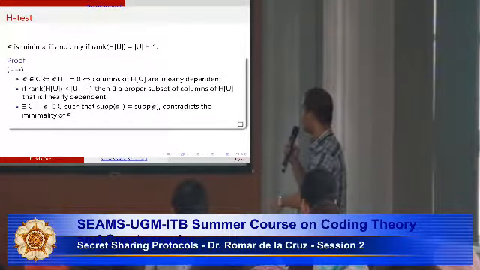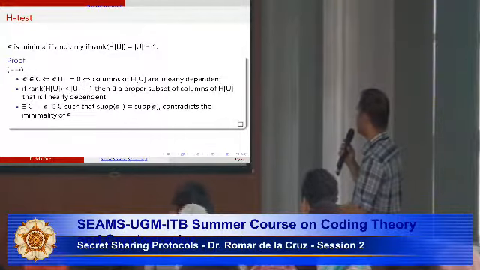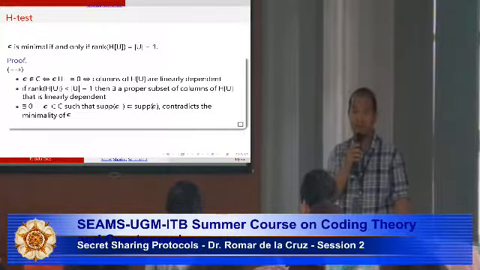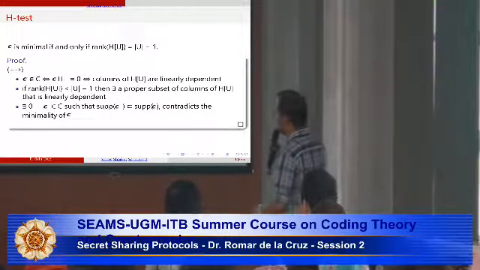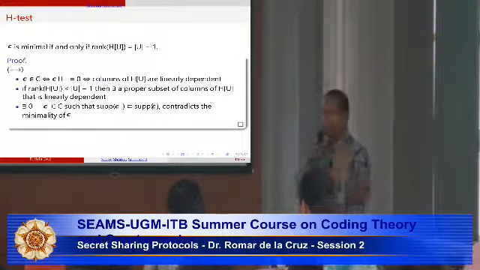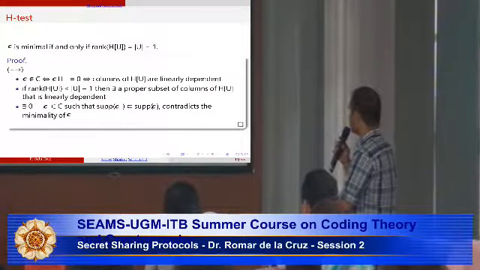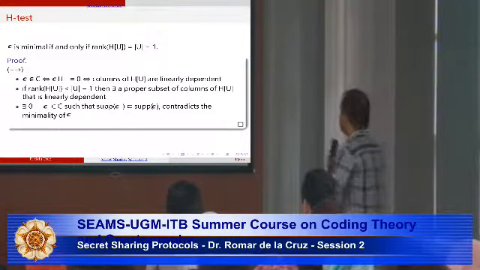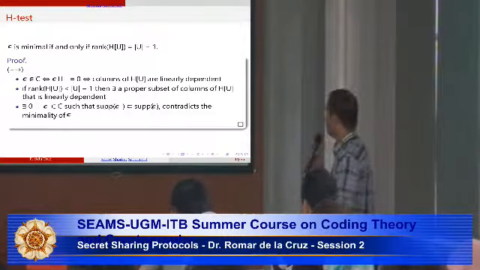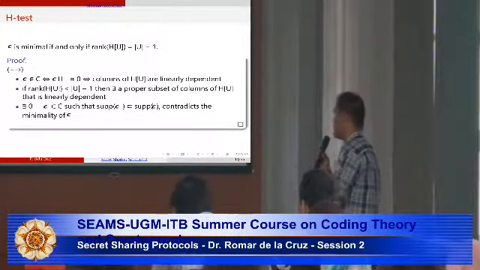But if you have a proper subset of columns that is linearly dependent, it corresponds to another code word of C. So there exists a non-zero code word C prime of C such that the support of C prime is a proper subset of the support of C. So it contradicts the minimality of the code word C. The other direction uses a similar argument.